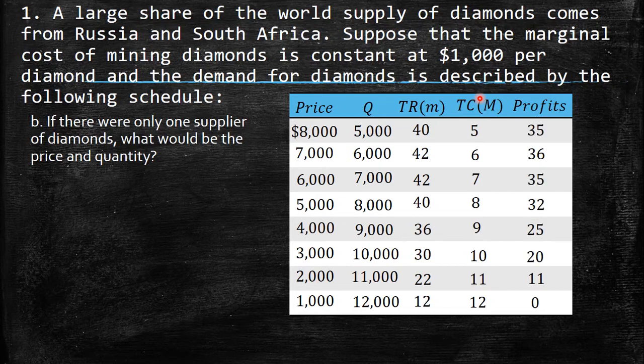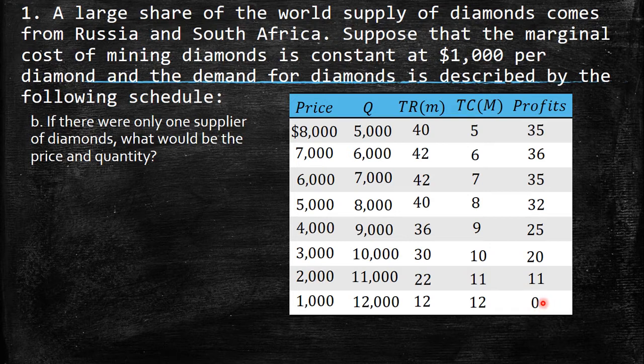Then, if we are talking about monopoly, remember it's completely the other side of the coin. It is really far away from the condition of the perfectly competitive market, where the maximum quantity is produced and the profits are zero, as we established here.